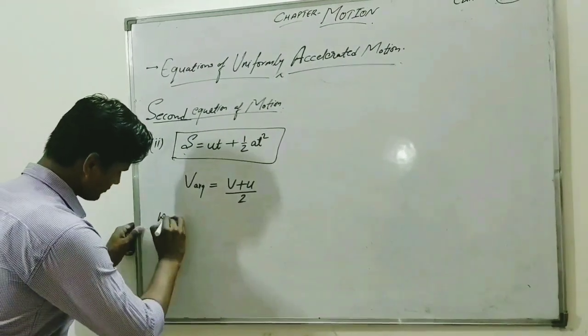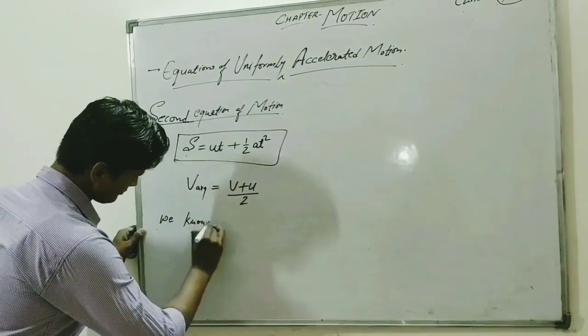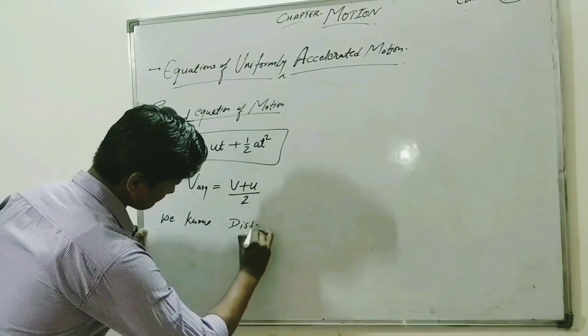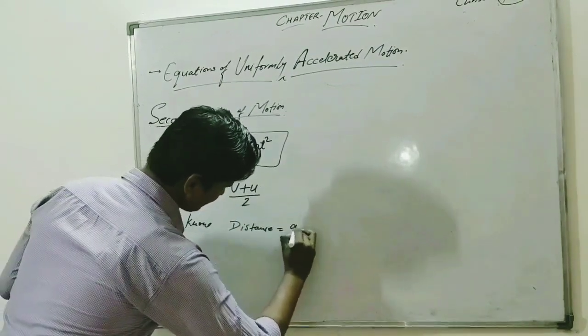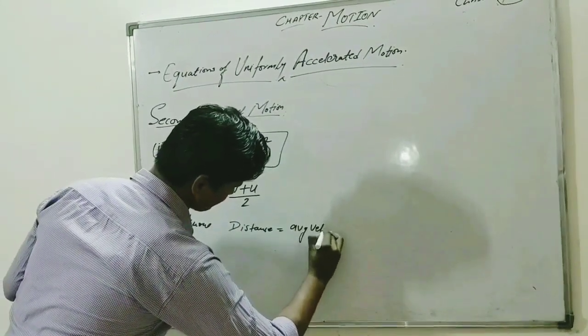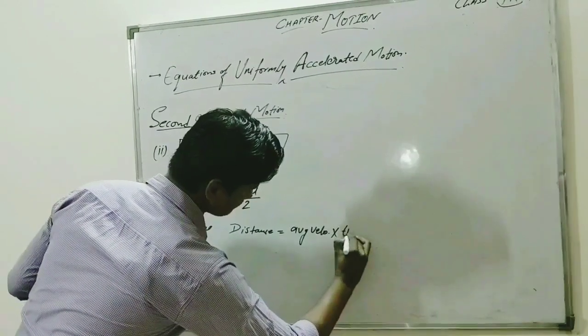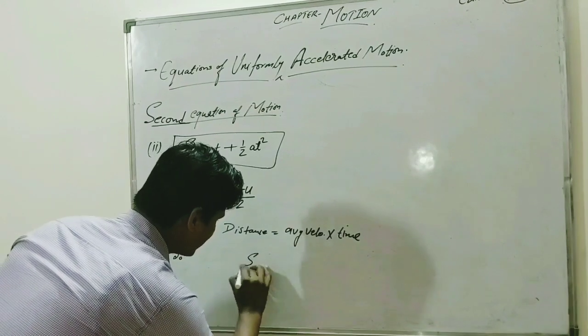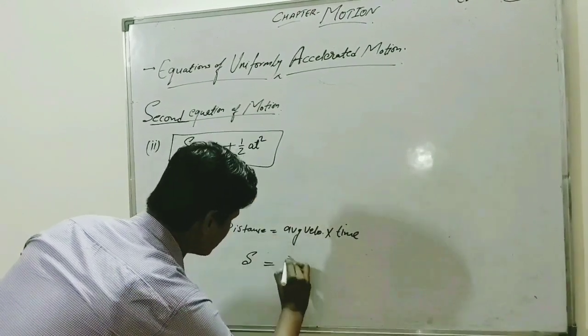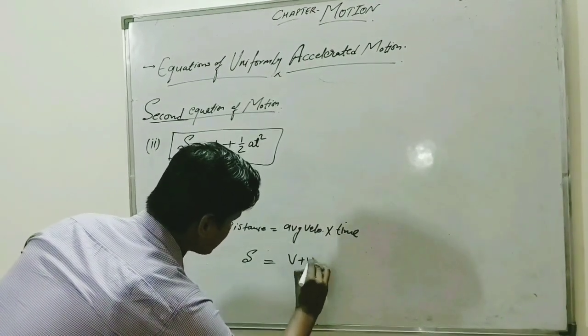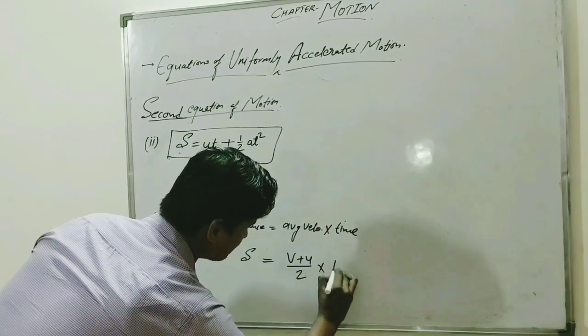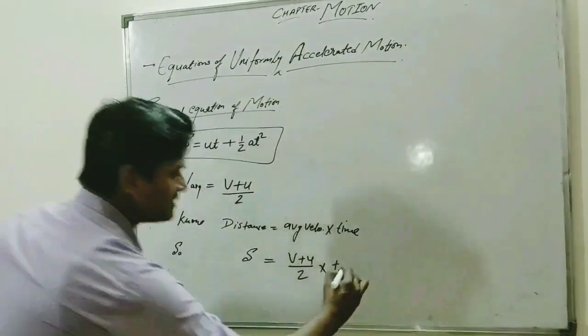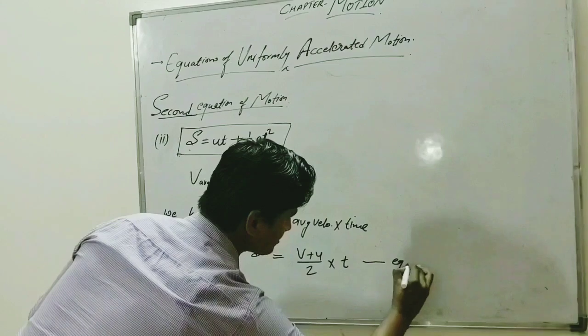We know distance is equal to average velocity into time. So we can express it as S is equal to average velocity means V plus U upon 2 into time t. It can be said as equation 1.